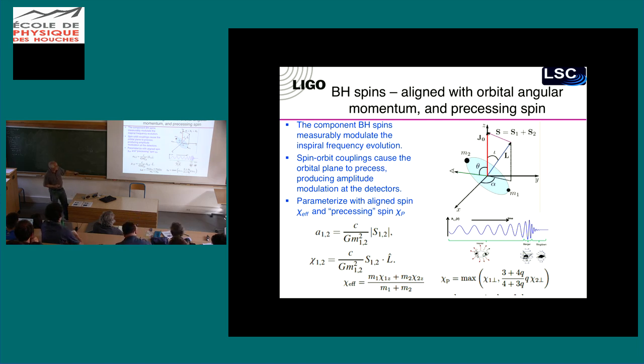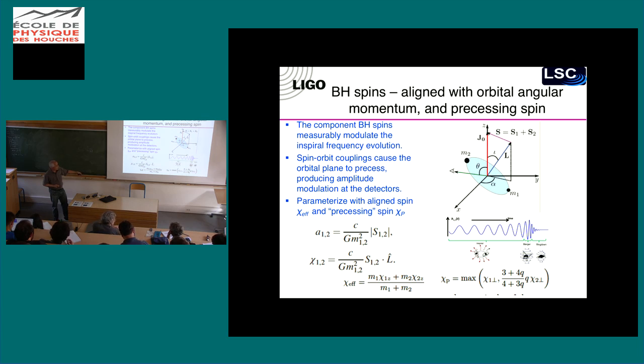Here are just some definitions. This is the spin angular momentum of the two black holes. Here it is normalized to the dimensionless Kerr spin parameter, which is between 0 and 1. Here is the component of that aligned with the orbital angular momentum for the two black holes, and here's their mass-weighted combination. This is what we call the effective chi parameter, the effective aligned spin parameter.